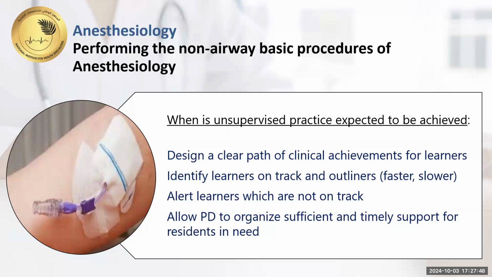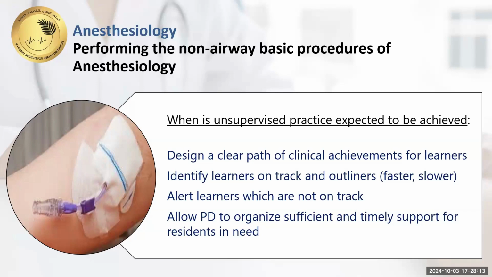Now, why is it important to have this knowledge? It's important for the programs, because there is a clear path of clinical achievement for the learners. They have to know the way, the cascade they have to complete the EPAs. They will not jump to the very difficult ones until they finish the more common or less complicated.